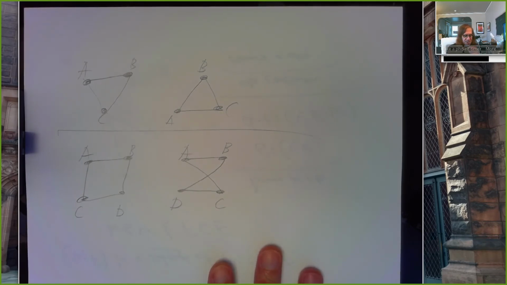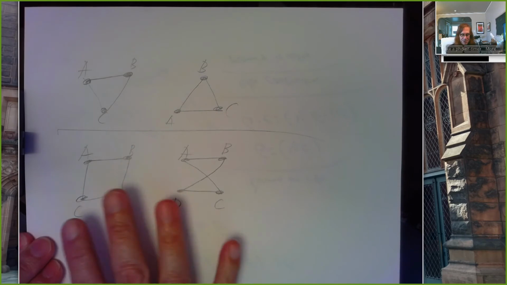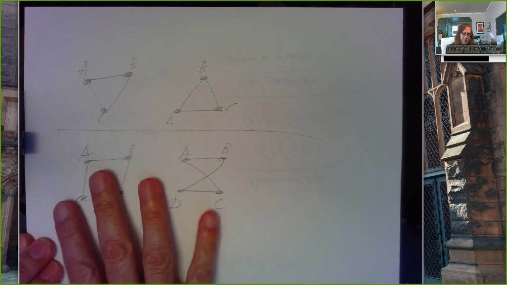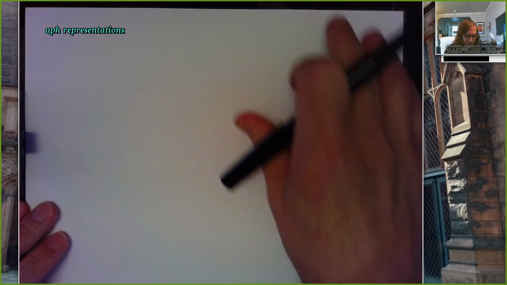So we want to take this, which is useful for humans, and figure out how to correlate this with something that's more usable by a computer. So we want to look at graph representations.